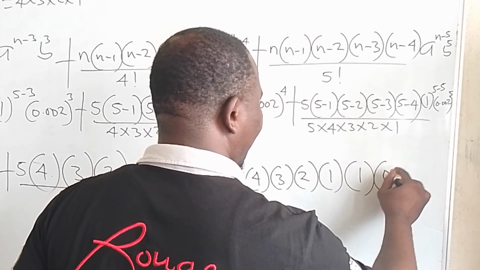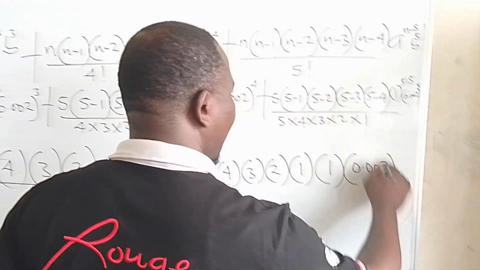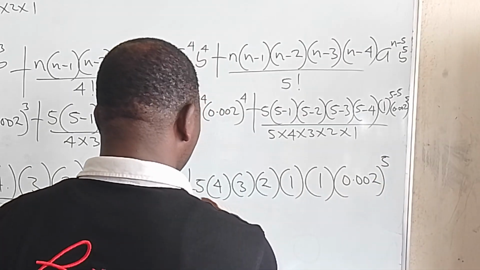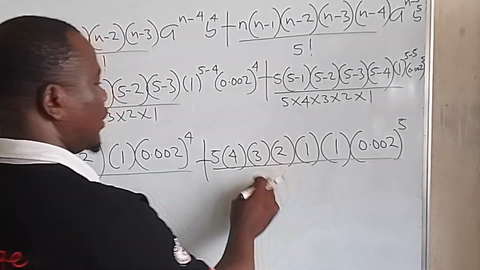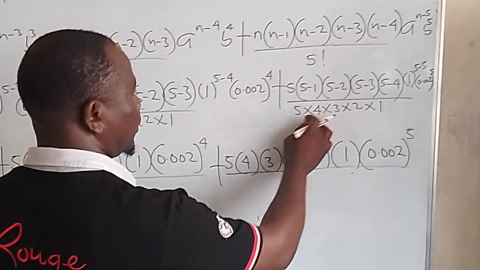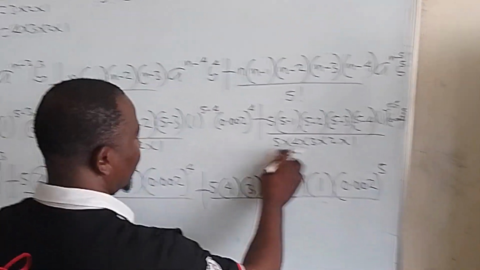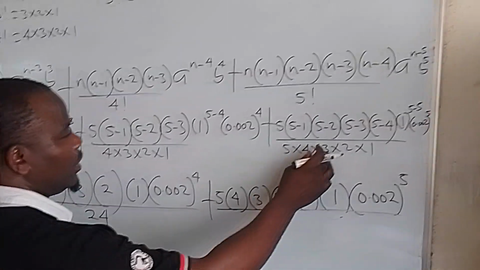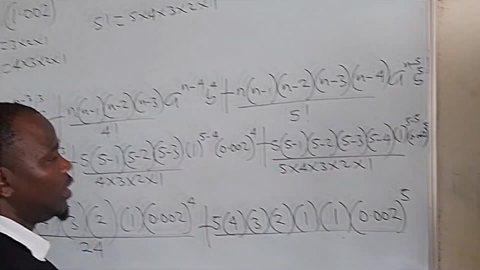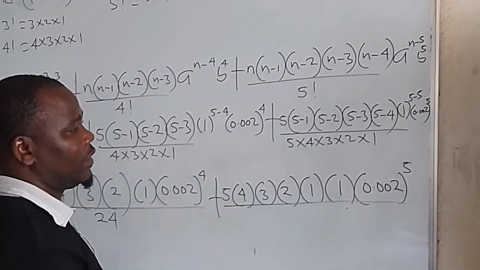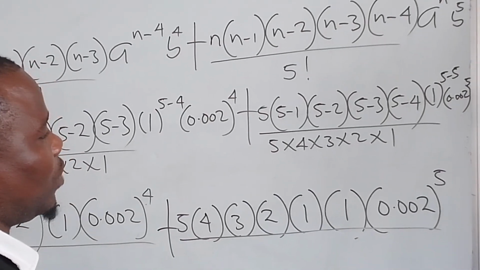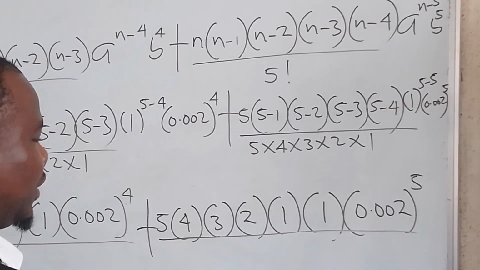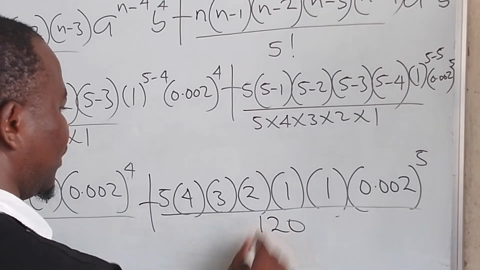Times 0.002 raised to the power of 5. I told you don't forget 5 factorial, which is what here. Divide by 5 times 4 will give us 20, isn't it? Then 20 times 3 will give us what? 60. Then 60 times 2 will give us 120. 120 times 1 is the same thing as 120.